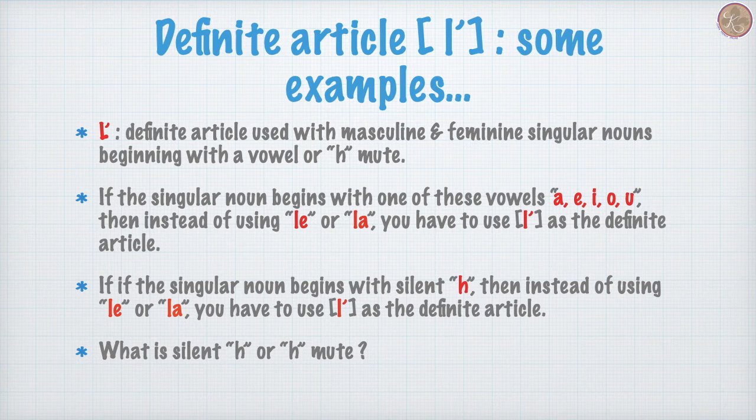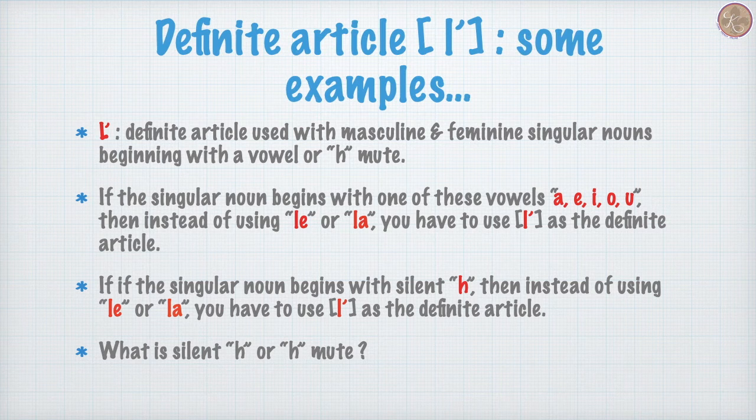So when the first letter H is not pronounced, then it is said to be an H mute, or an H muet. So when you have a singular noun whose spelling begins with a silent H, then instead of using le or la, you have to use L'.